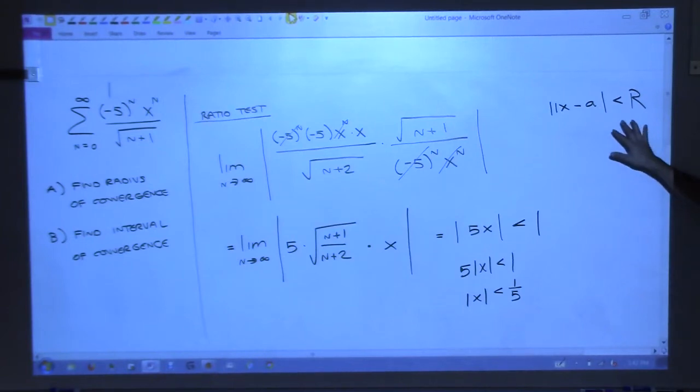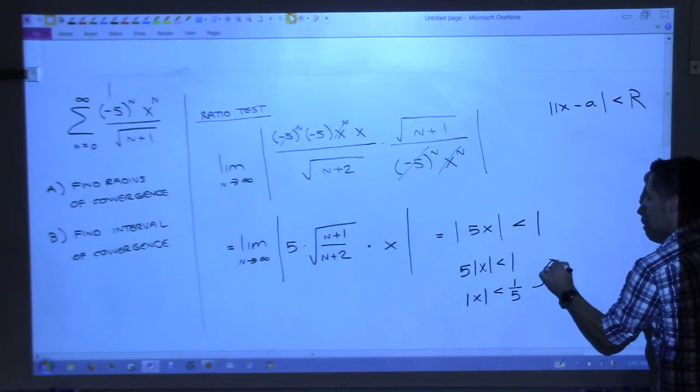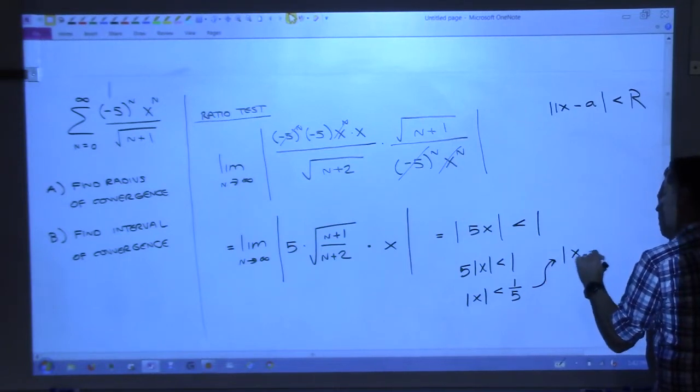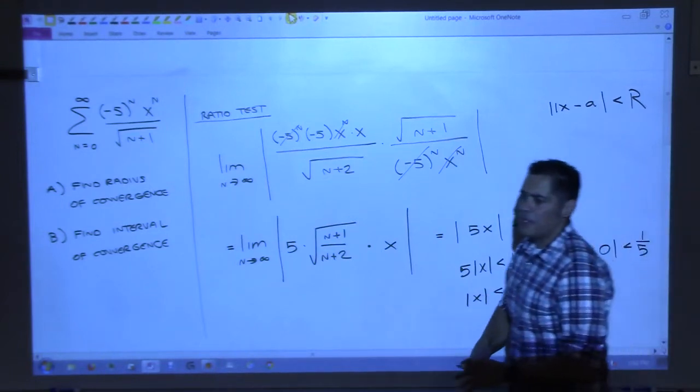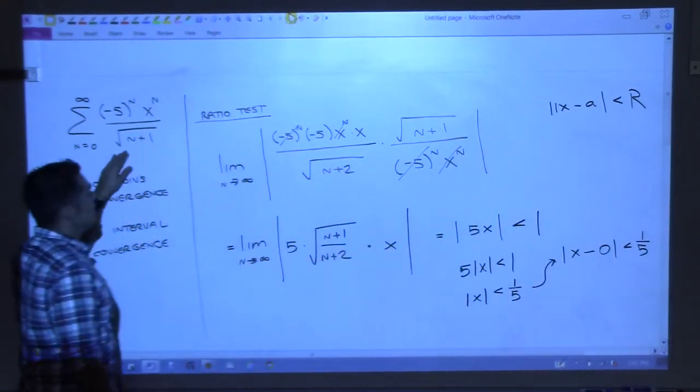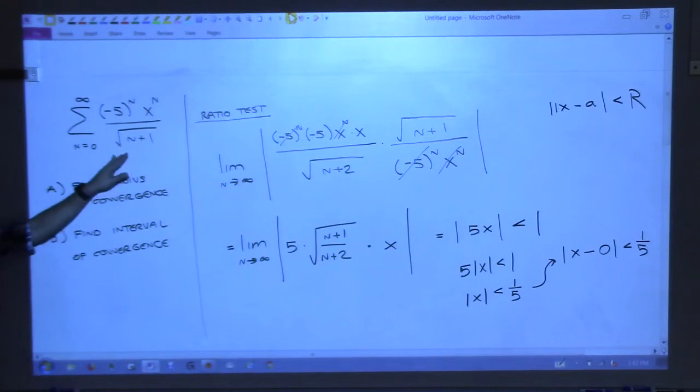Now, does that look like this? It does. This actually does look like the absolute value of x minus something less than 1/5. Minus what? 0, right? That's what that is. And so this power series that we're looking at, where is it centered?